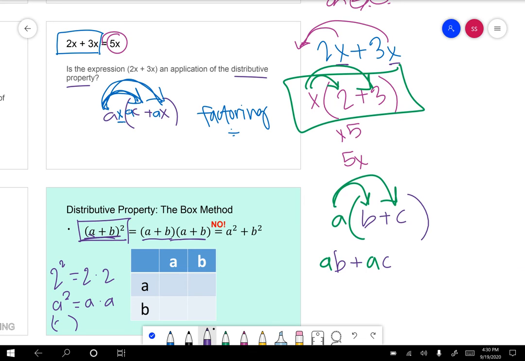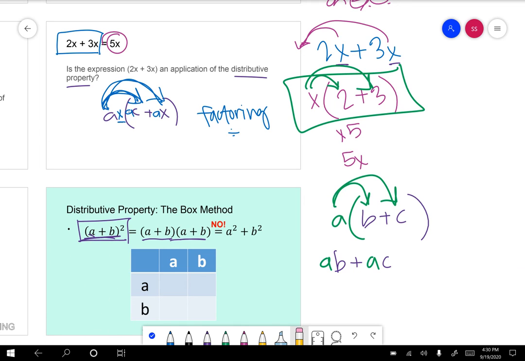So if we have something in parentheses, a plus b, squared, it'd be the same thing as saying that same grouping, a plus b, times itself. Okay, so that's kind of what this is saying right here at the top. I'm going to erase that just so we don't get confused.